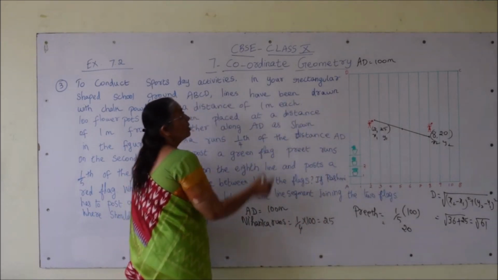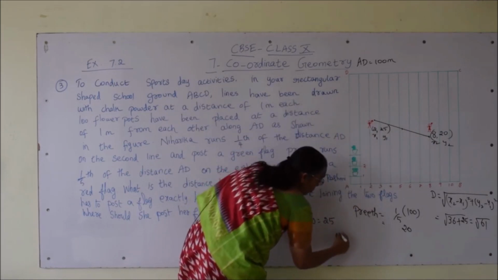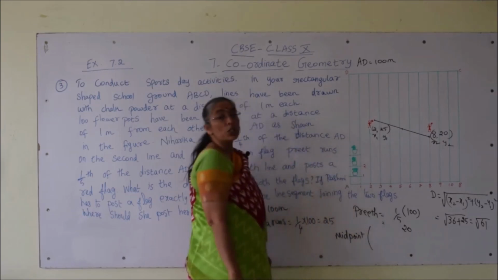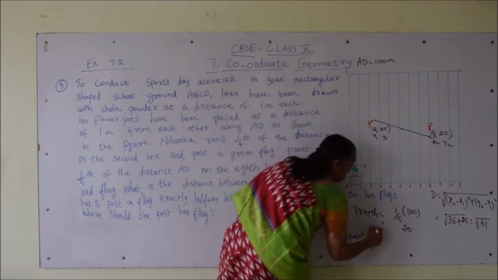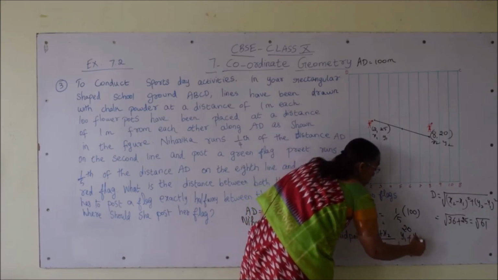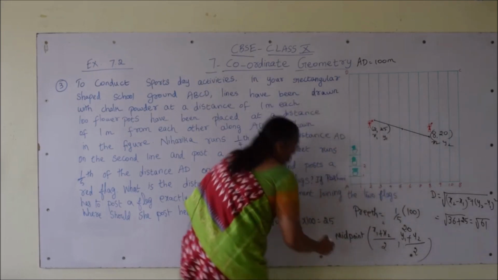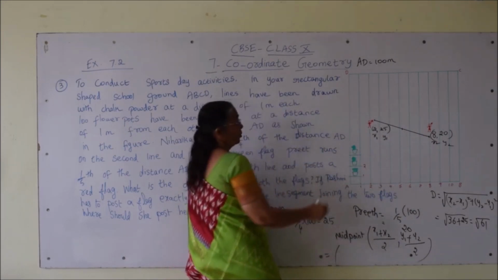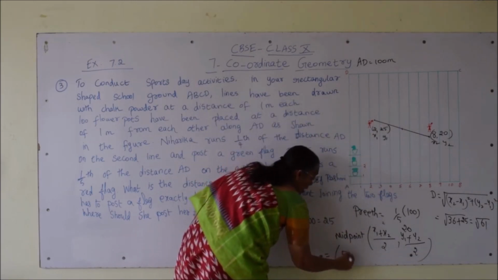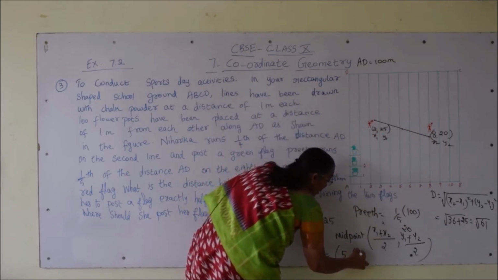Now, next one, midpoint of these 2 points. The midpoint formula for the 2 points x1 y1 and x2 y2 is (x1 plus x2) by 2 comma (y1 plus y2) by 2. So the midpoint is 2 plus 8, 10 by 2, which is 5, comma 25 plus 20 is 45 by 2.